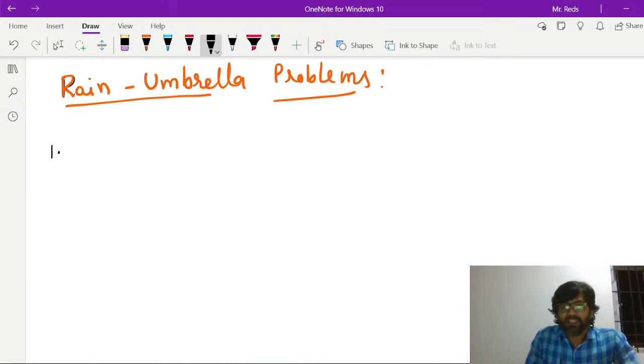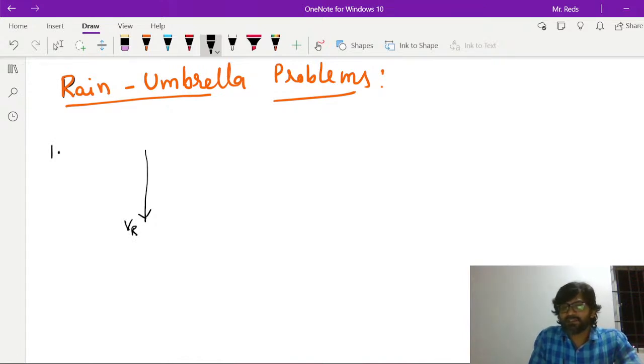First one: let us say it is raining vertically downwards, or rain is falling vertically downwards with a velocity Vr. So Vr is the velocity of rain with respect to ground.